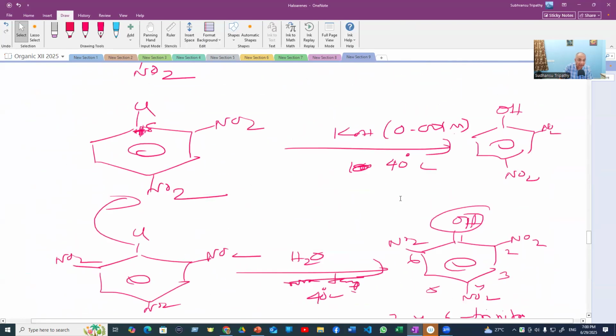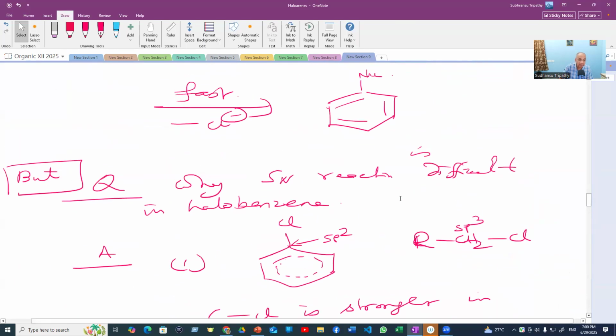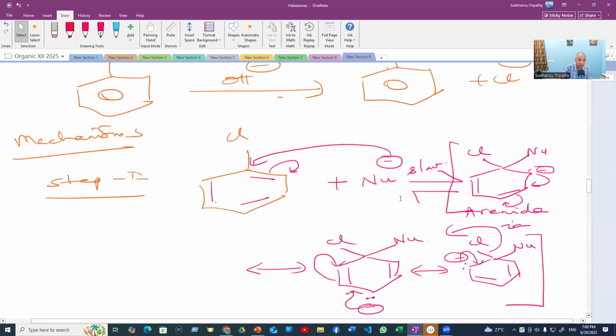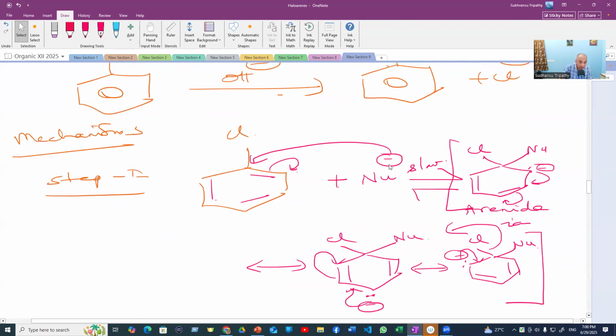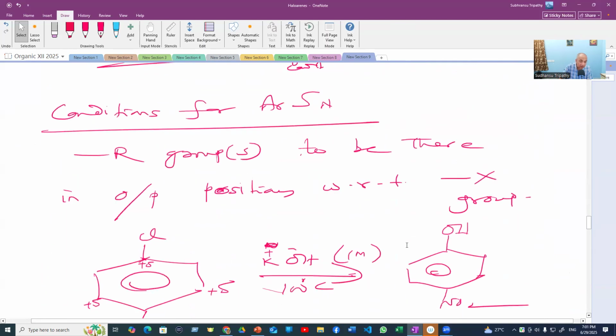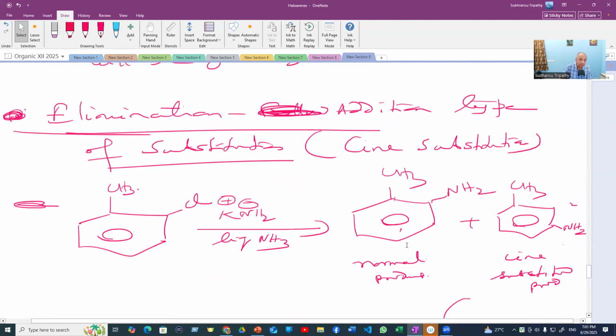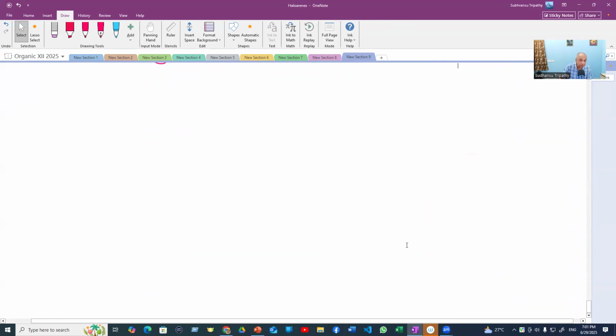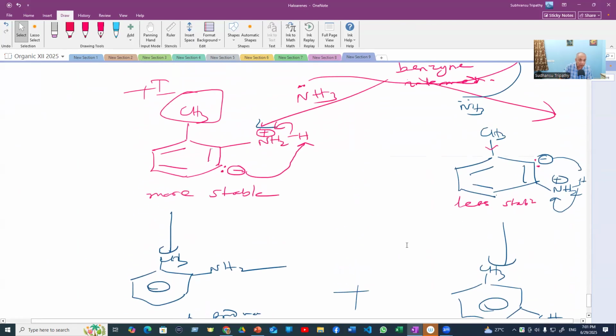But in the ArSN mechanism that we studied, first is addition of the nucleophile, then elimination of the leaving group. So that is addition followed by elimination, but the other one is elimination followed by addition, the opposite. It happens when there is a strong base like amide ion.